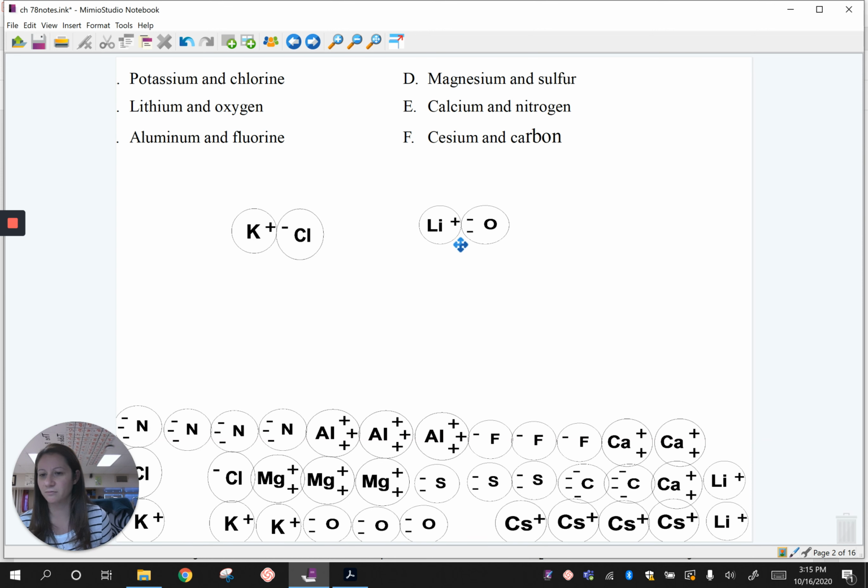This doesn't look right, right? This is a +1 and a -2 for a total of -1. So what can I do to make it neutral? Well, I'd need another lithium. So grab another lithium. And now 2 pluses, 2 minuses, that is neutral. So that is the particle diagram, is what we're going to call it. And it would be Li2O for the formula.